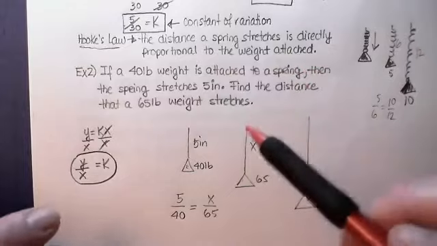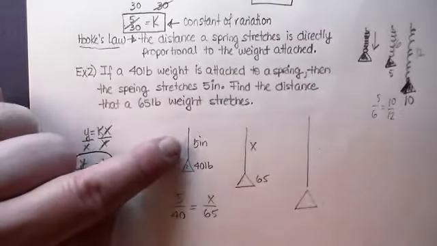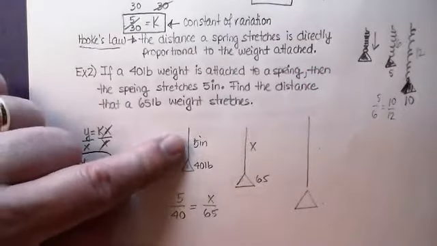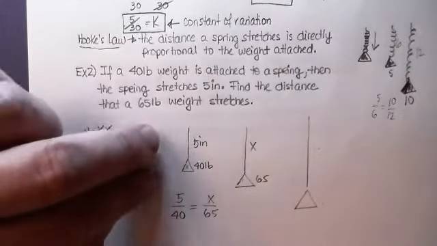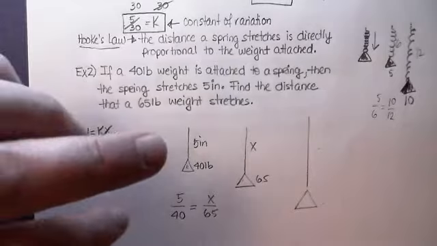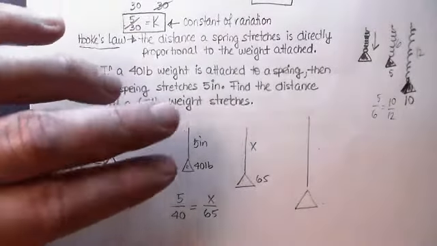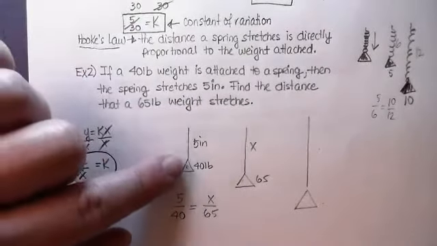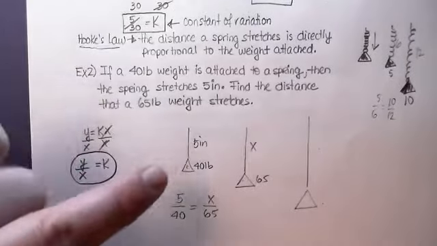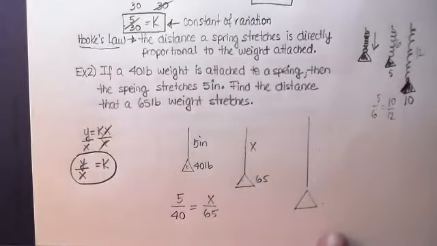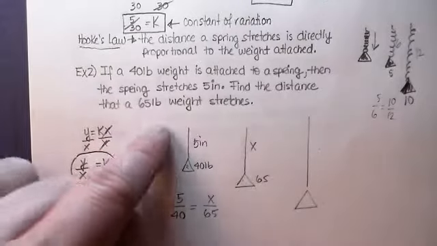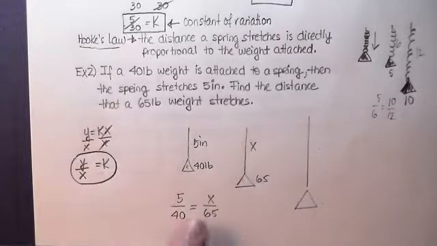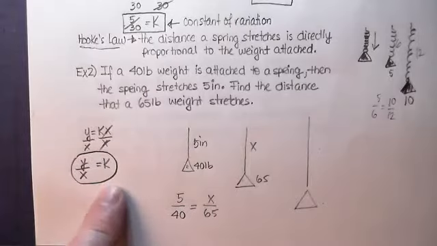So that means the stretch over the weight is always going to give you the same number. It doesn't matter how big the weight can be or how small it can be. When you take the stretch divided by the weight, it is always going to be a constant. That's what this means, okay?